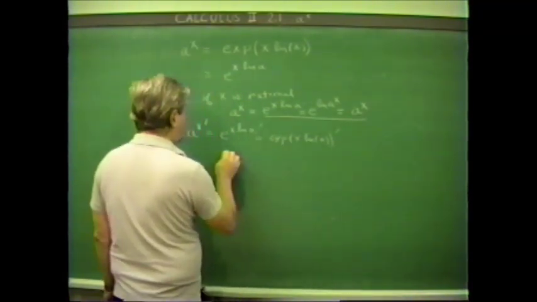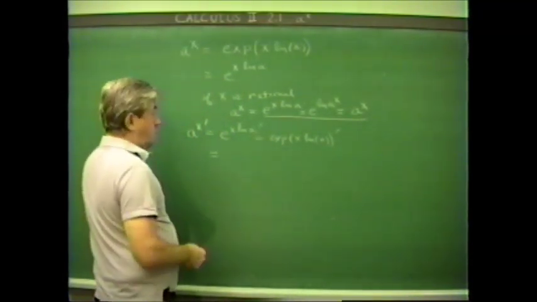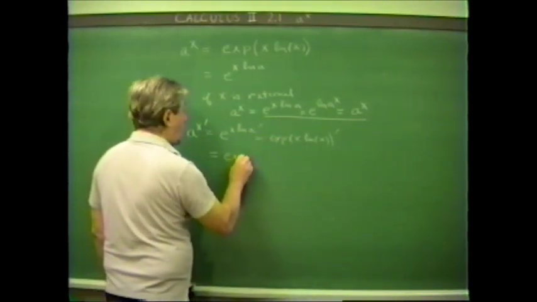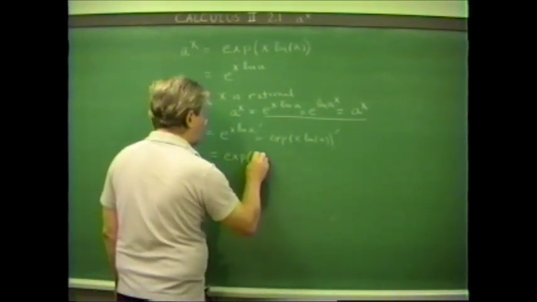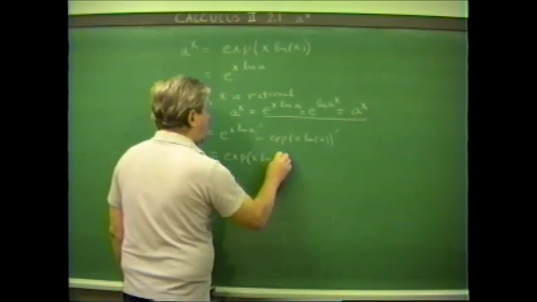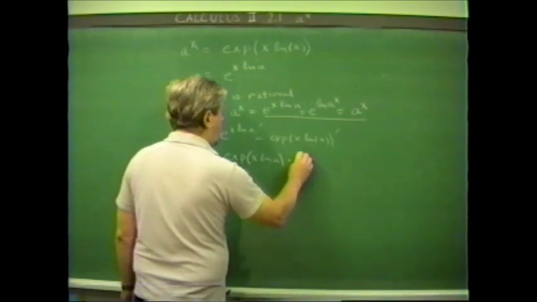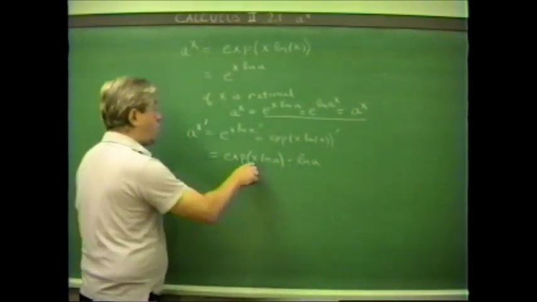So the derivative is going to be equal to the derivative of exponent, which is exponent at x log a, times the derivative of x log a. Log a is a constant, and the derivative of x is 1.